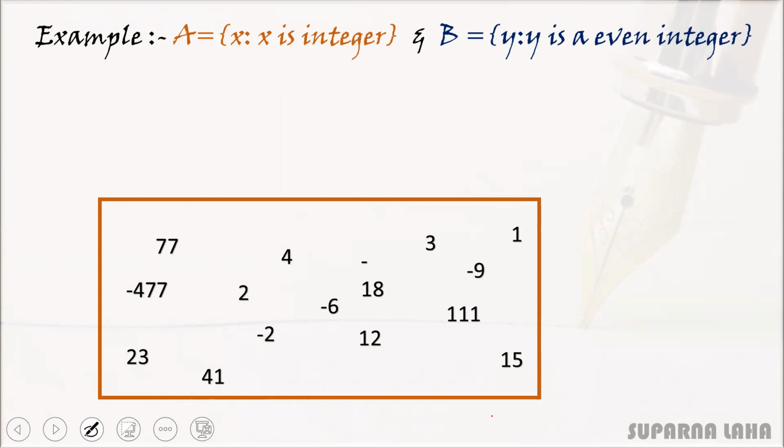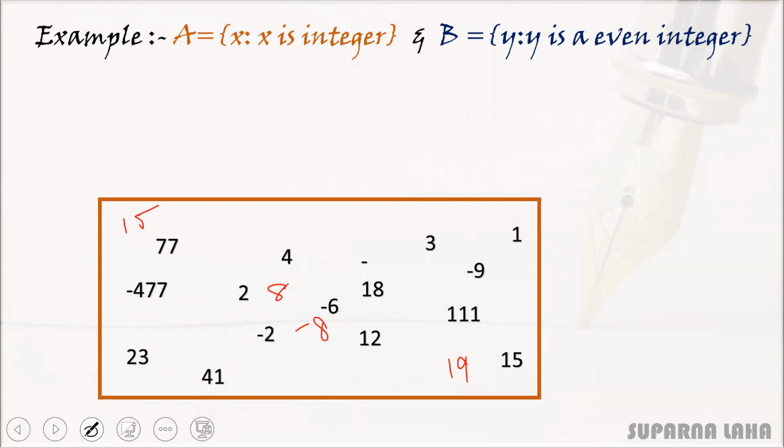I have taken a few elements of this set, and other elements are also present in this rectangle. Here is 19, here is 15, minus 8 somewhere, plus 8 somewhere. So this is the collection of integers.